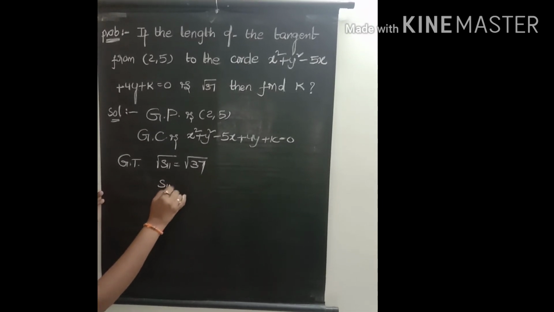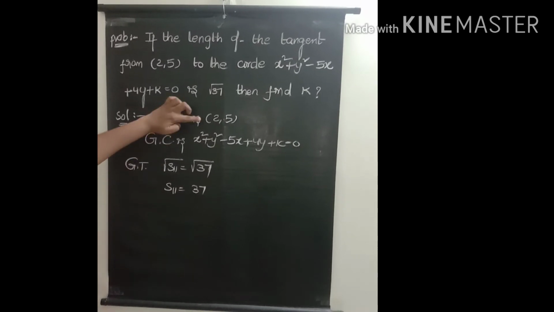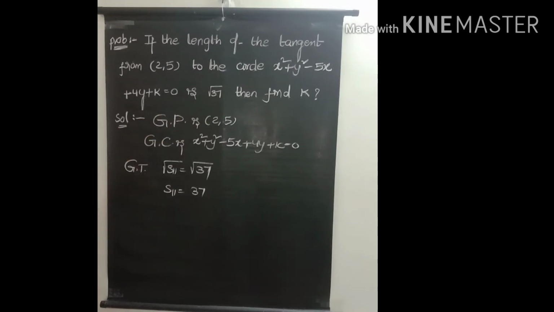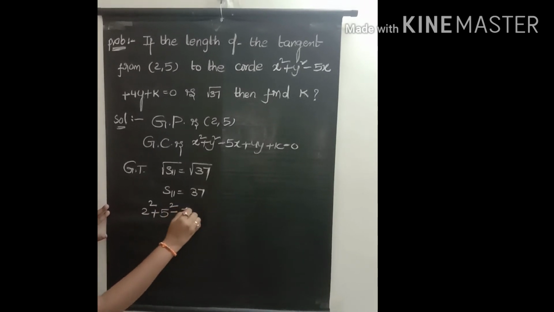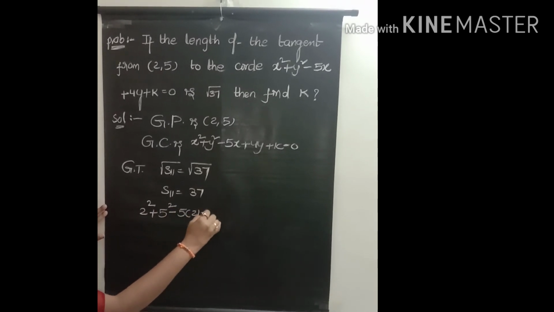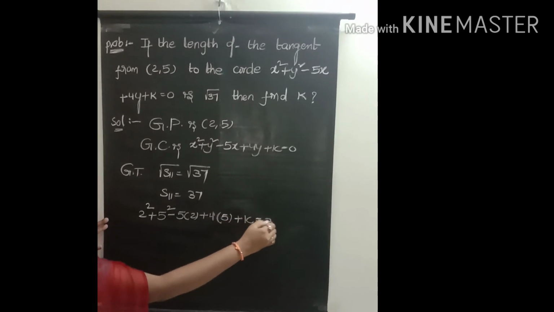Now squaring on both sides, S11 equals 37. S11 means we are substituting the given point in the circle equation, that is 2 square plus 5 square minus 5 into 2 plus 4 into 5 plus k equals 37.